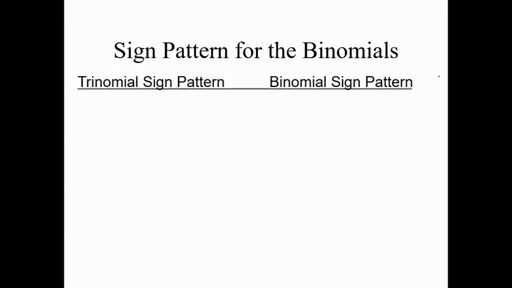Let's take a look at the sign pattern for binomials, okay? So for the trinomial sign pattern, if you have all positives, then for your binomial sign pattern, they too will be all positives. For the trinomial sign pattern, if you have a negative and then a positive, then your binomial signs have to be all negatives because two negatives make a positive.